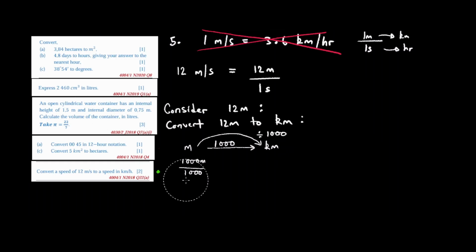Kureva kuti if we are converting from meters to kilometers, we divide by 1000. Saka ndo yega pati yandiri kudai. That is 12 meters is actually equal to 12 meters divided by 1000, like this. 12 over 1000 kilometers.